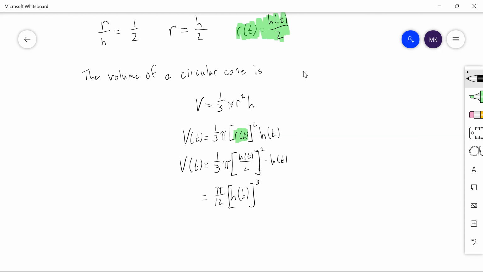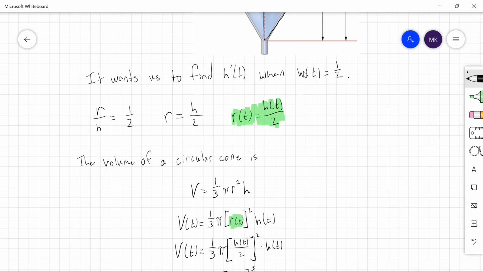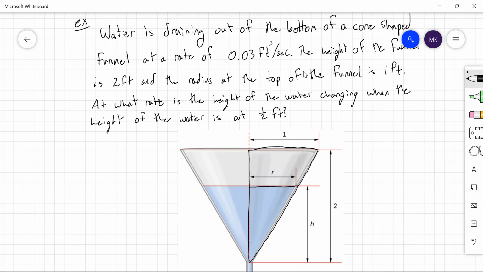So could you go over why you substituted r of t for h of t over 2? Yeah, the reason I replaced r of t with h of t over 2 is so I have only 2 functions, because I don't know the rate at which the radius is changing, right? So if we go back into our problem statement, we don't know anything about how the radius is changing.